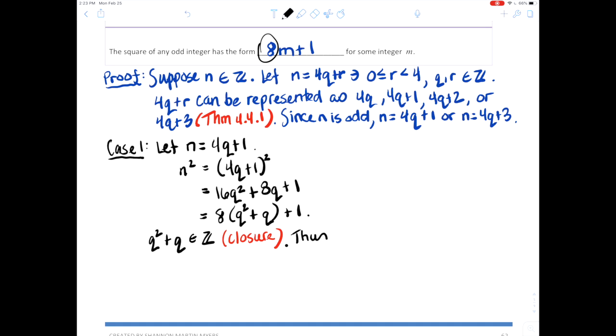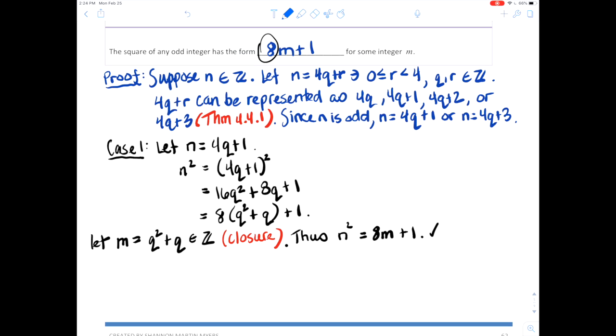Thus, n squared equals... oh, actually, let's let m equal q squared plus q. Thus, n squared will equal 8 times m plus 1. And that's what we wanted to prove, so we can check off that case.